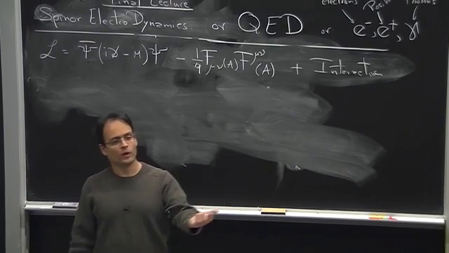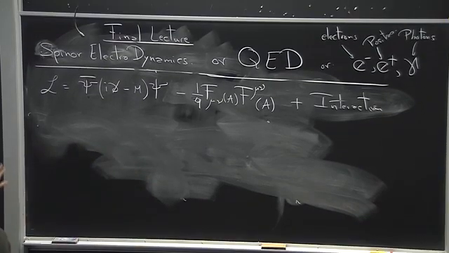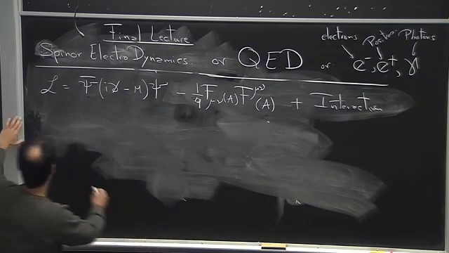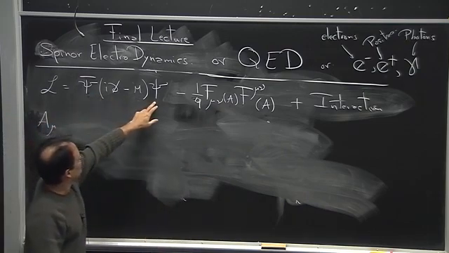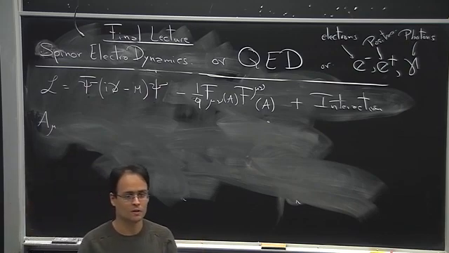So what was the trick we used when we had the complex scalar field? We said that we want to find an interaction between A mu and our spinor fields. We want an interaction that has the smallest possible dimension of the coupling.